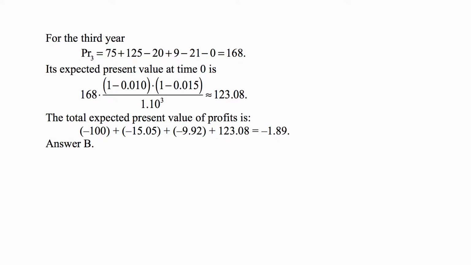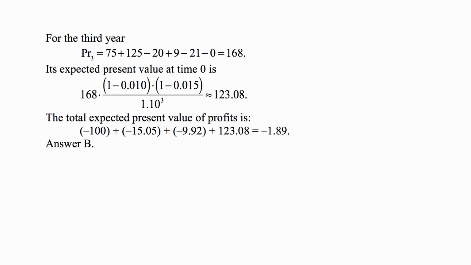Its expected present value at time 0 is calculated by discounting over 3 years by the 10% hurdle rate. And also notice that we make it subject to survival of the first and second year, because only for policies that are still surviving the first 2 years we do this calculation.